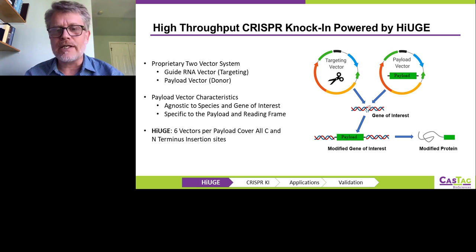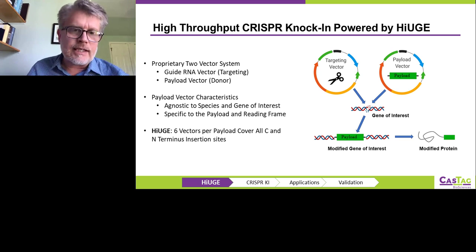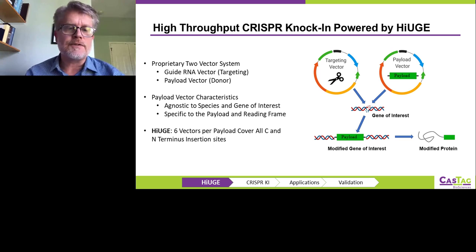And this is actually quite unique. I'll cover this in just a couple of minutes. But these payload vectors can encode any functional recombinant DNA sequence that you would like to deliver to your gene of interest, referred to as the payload. The nice thing about this is that these payloads are agnostic to either the species or to the gene of interest.